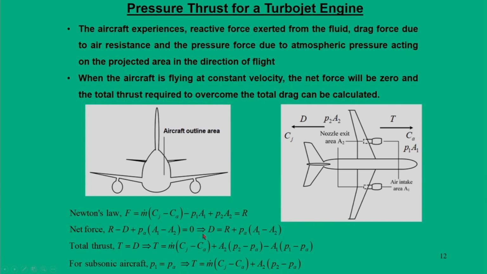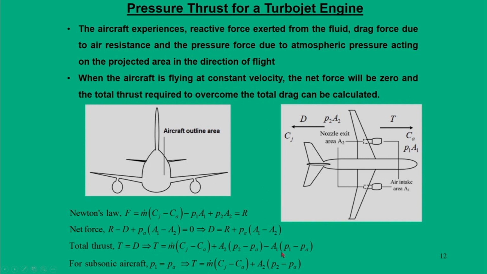From this we get an expression for drag, which is D = R + Pa(A1 - A2). Now, when thrust equals drag, we can write T equal to this particular expression. So, by putting D in this equation we can calculate the total thrust.